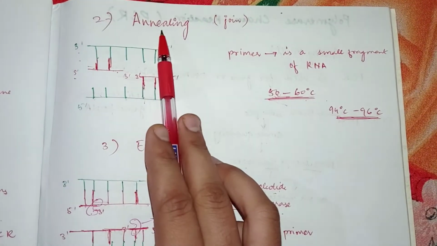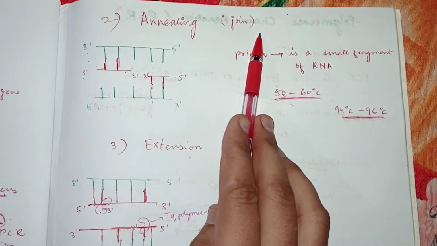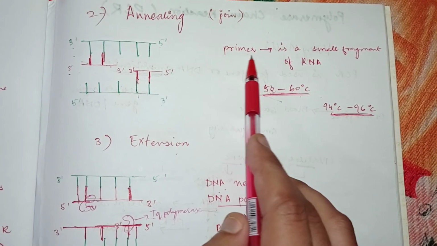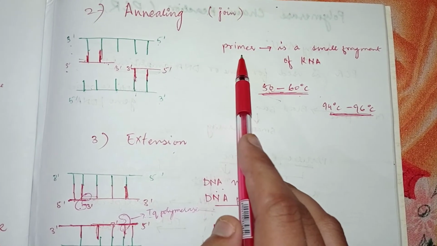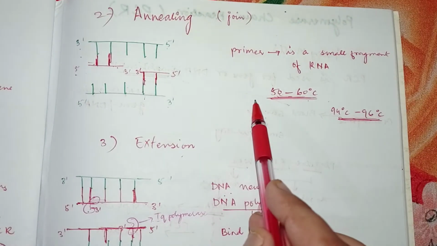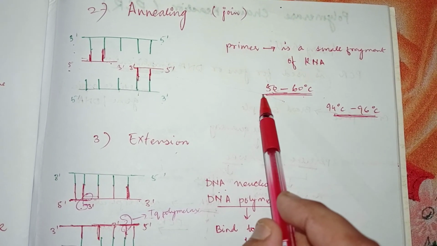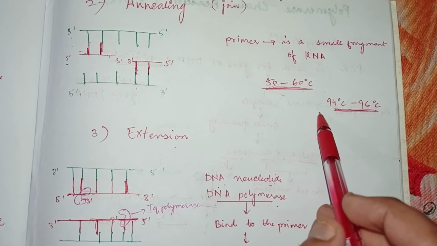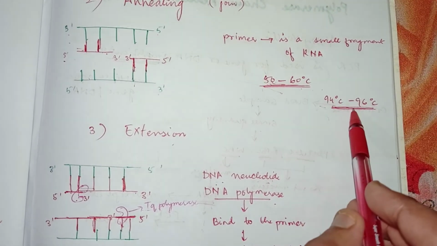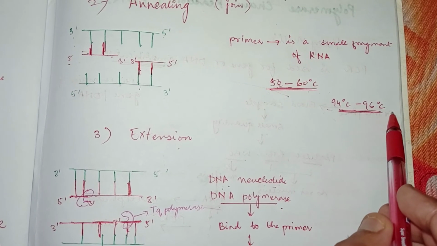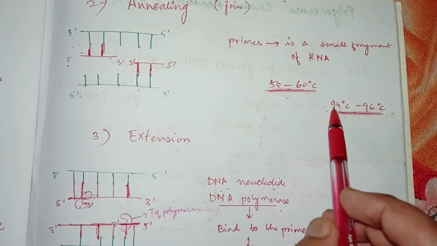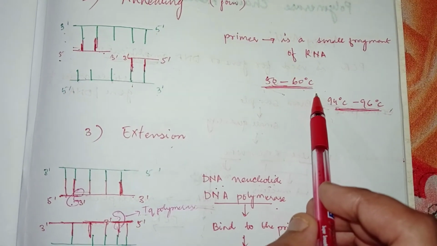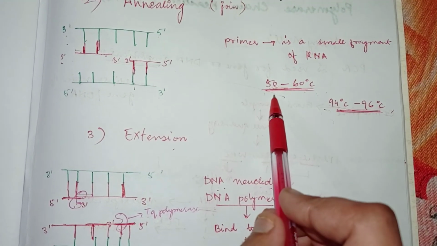Now the second step is annealing. Annealing means to join. So here the primer is a small fragment of RNA which initiates formation of the DNA strand, and the temperature used here is 50 to 60 degrees Celsius. In the previous step we saw that 94 to 96 degrees Celsius is used because separation of the DNA strand is taking place. Here we have to form the DNA strand, so we need a lower temperature.